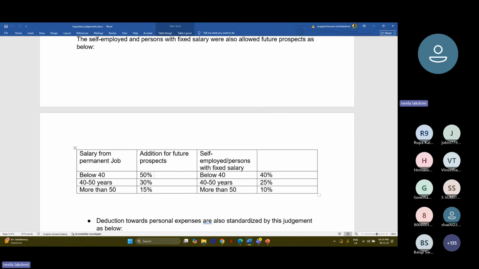This is how the table works. This table is for self-employed persons and this is for permanent salaried persons. This is slightly higher than these. Those who are self-employed, their future prospects are slightly lower than those in a permanent job.